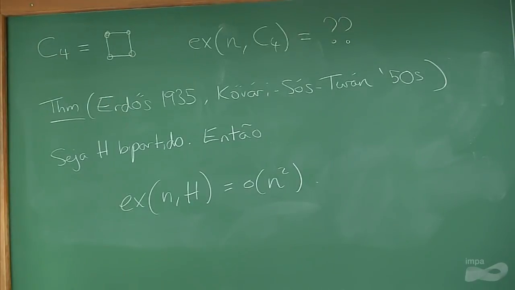So what does H bipartite mean? It means you can partition the vertices into two parts such that all the edges go across.